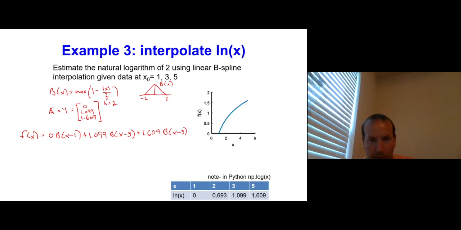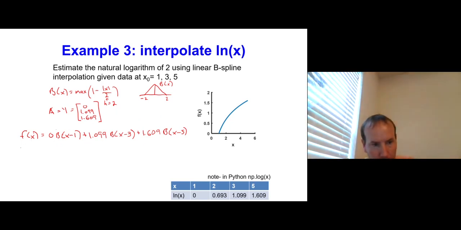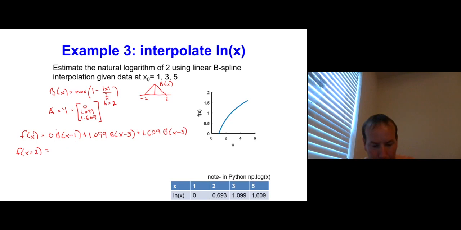And now this is a general equation that would be the interpolation for any new value of x. And specifically when we want to solve for x equals 2, we would plug in x equals 2. So obviously this first term is already 0.